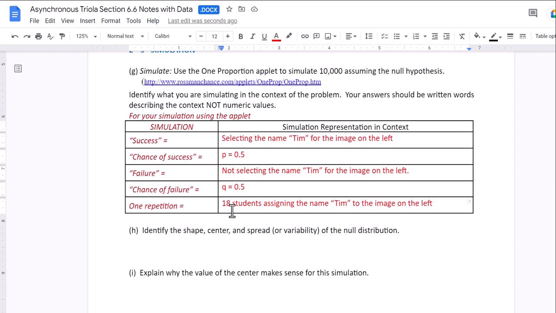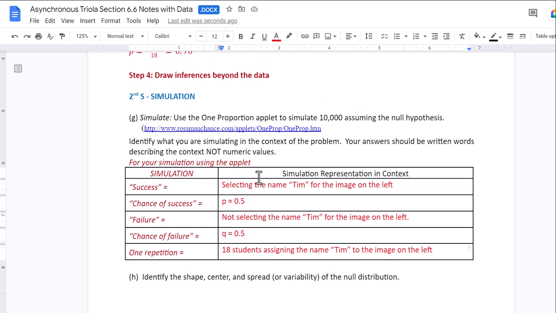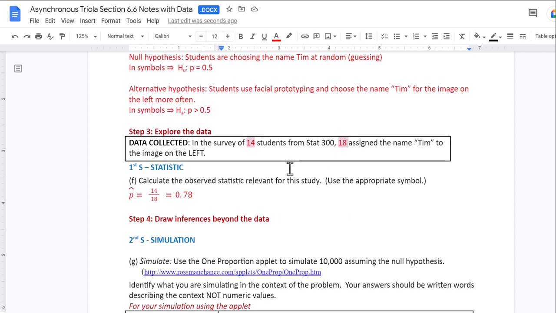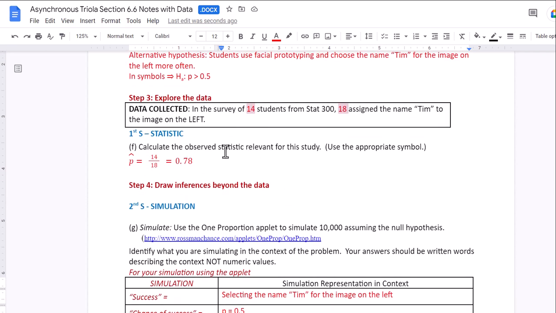All right, so now let's go to our simulations. So use the one proportion applet to simulate 10,000 of these surveys. So essentially 18 of you completed the survey, and our data was 14 out of 18 students selected the name Tim for the image on the left, which is 0.78, so 78%.